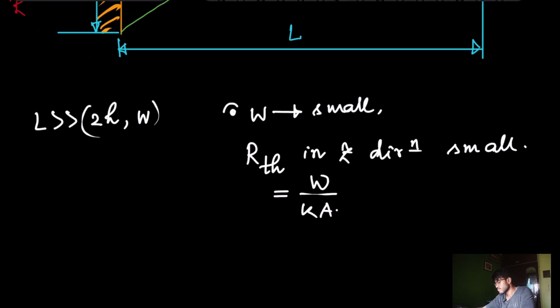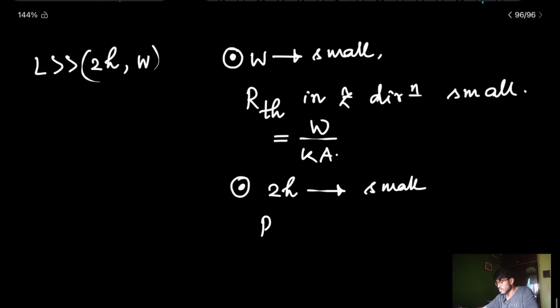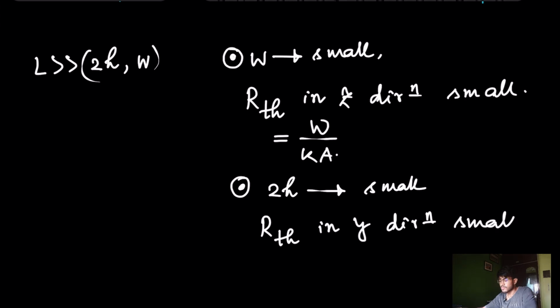Similarly, if my 2H is small, then thermal resistance in Y direction is also small, right? So if the resistance is small, what does the resistance do if you take the thermal network or the electrical network?